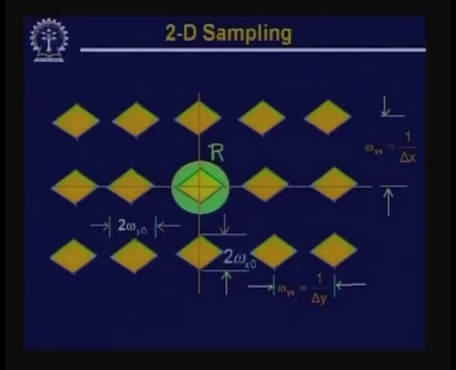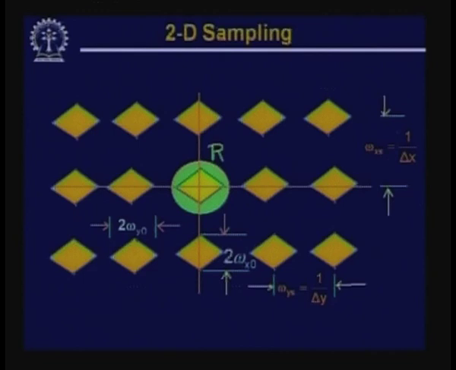As a result, what we get is a 2 dimensional array of the spectrum of the image, as shown in this particular figure. Here again we have simply shown the region of support getting replicated.